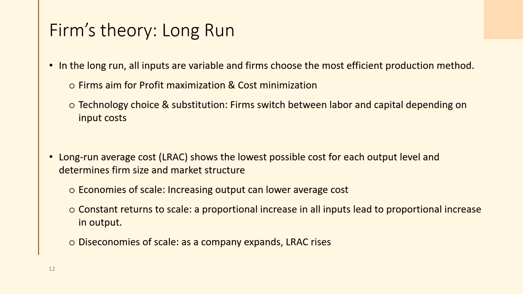Economies of scale occur when increasing output lowers average cost. Constant returns to scale occur when output increases proportionally with inputs. Diseconomies of scale occur when expanding production increases average cost.